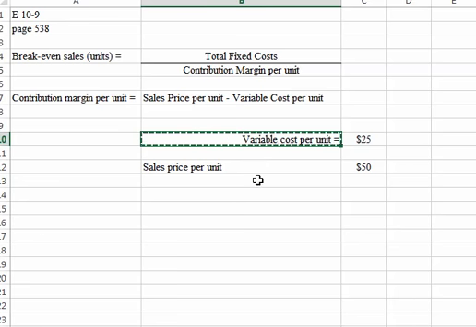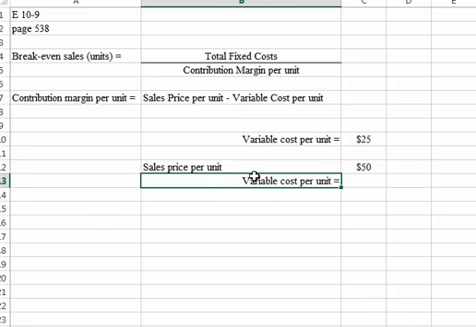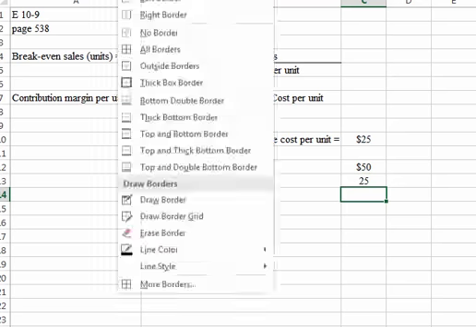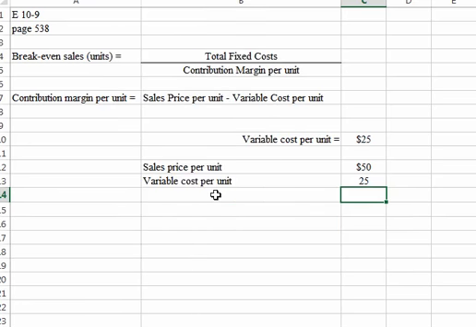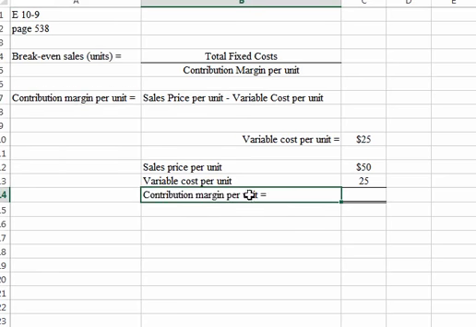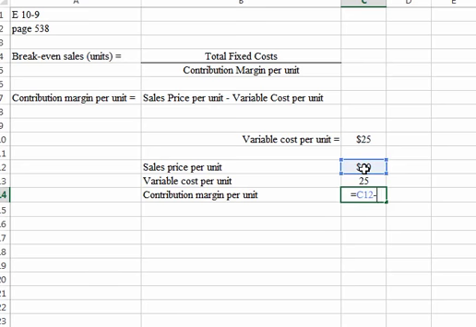Our variable cost per unit, $25. So our contribution margin per unit is the difference. 50 minus 25, of course, is 25.